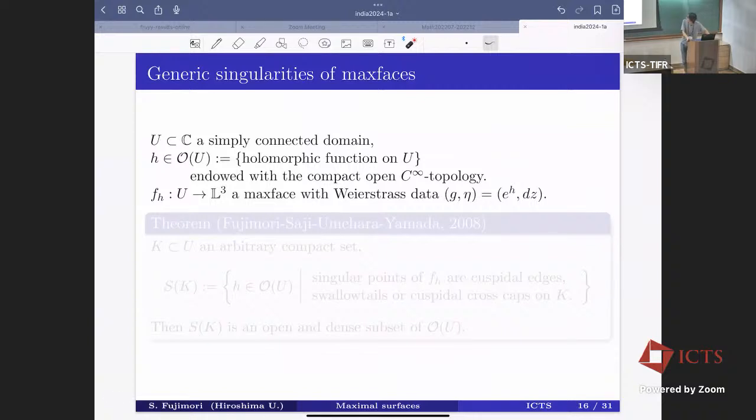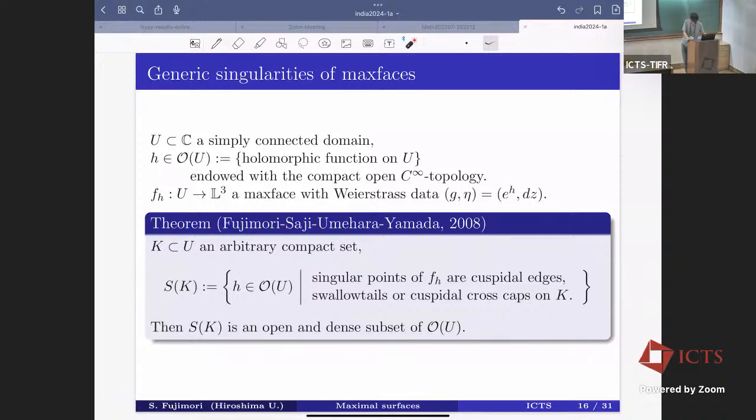And then we said something about generic singularities of maxfaces. Let U be a simply connected domain, and let the holomorphic functions on U be endowed with the compact open topology.